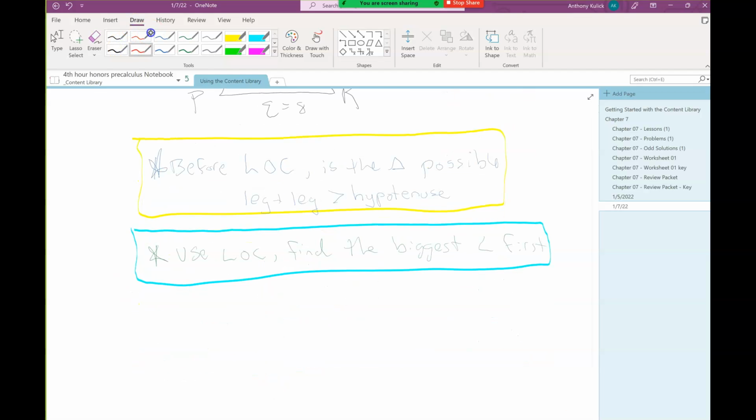All right. So we have 10 squared is equal to 5 squared plus 8 squared minus 2 times 5 times 8 times cosine R. Everybody feel good with what we've done here?